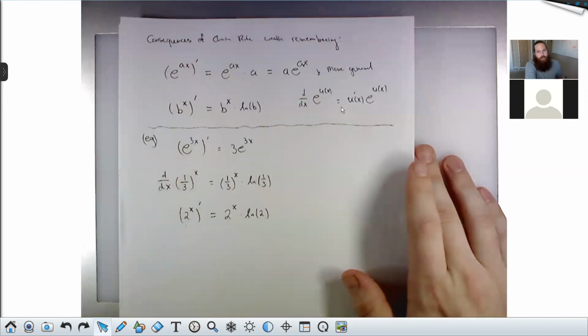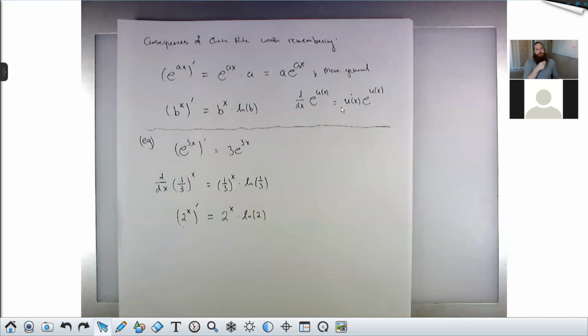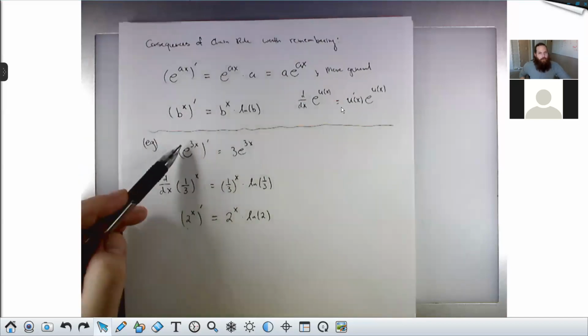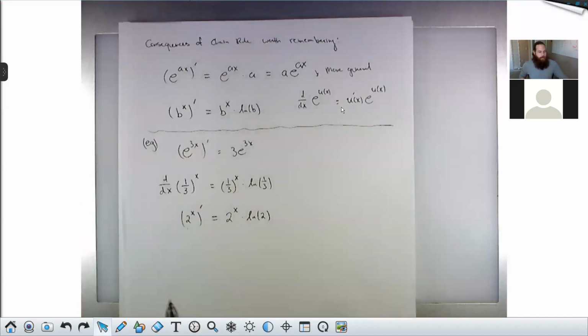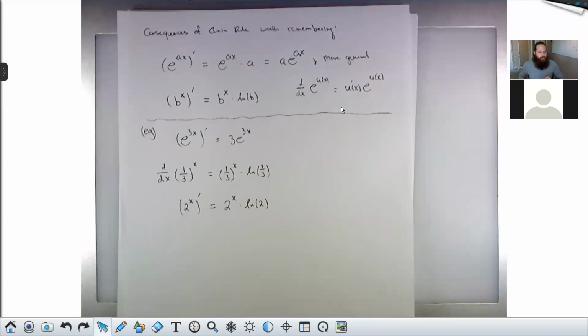And that's just straight up chain rule: differentiate the outside and then multiply by the derivative of the inside. The derivative of the outside, the base e exponential, is the base e exponential. And the derivative of the inside is u'. But these two, I encourage you to remember them. You want to be able to do them quickly without thinking too hard.